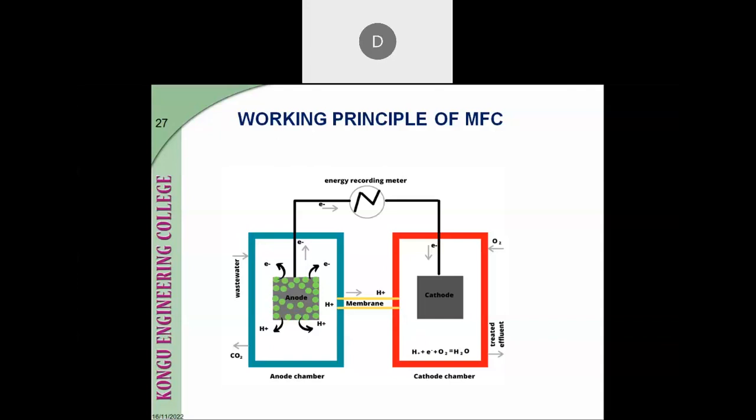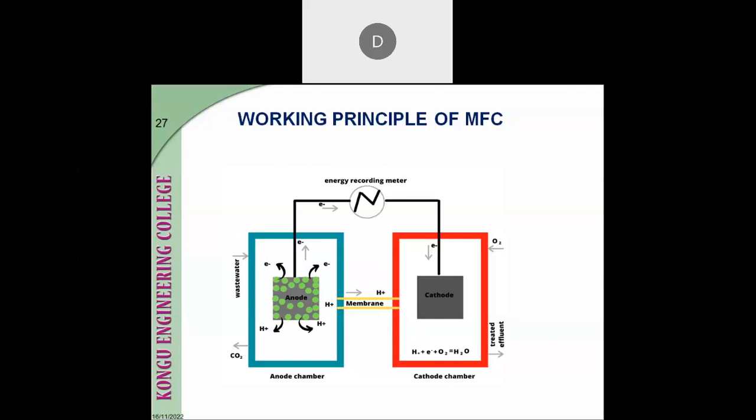And of course, as I told, the cathode and anode compartments can be separated by a membrane, which allows the protons to flow through to the cathode. During the operation, the cathodic electrolyte moves from the cathodic part to the anodic part, and the membrane disallows it.